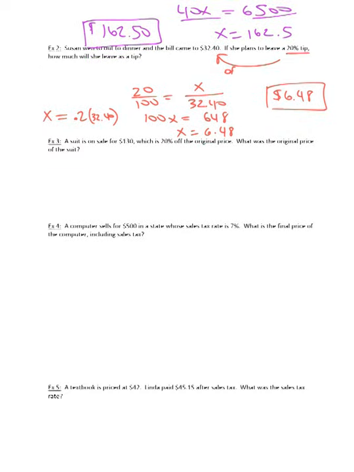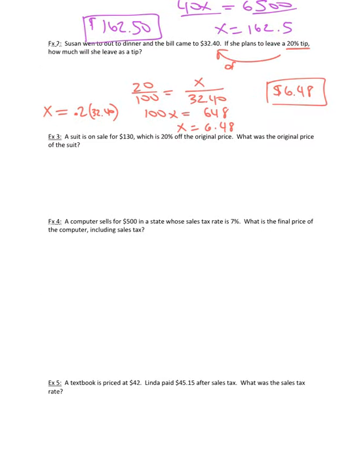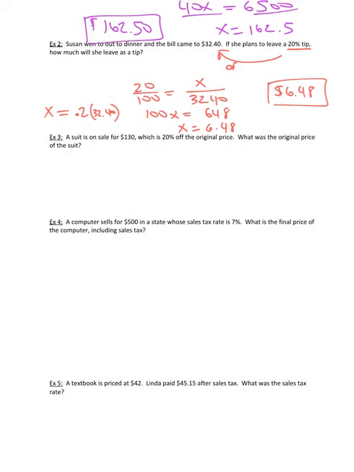Example 3. A suit is on sale for $130, which is 20% off the original price. What was the original price of the suit? So $130 is the price after they took 20% off. What was the original, the original 100%?